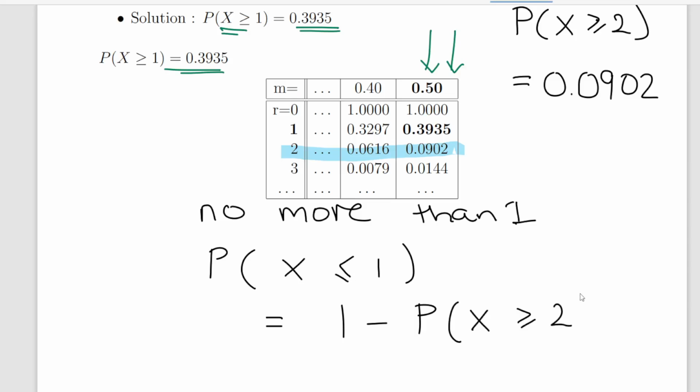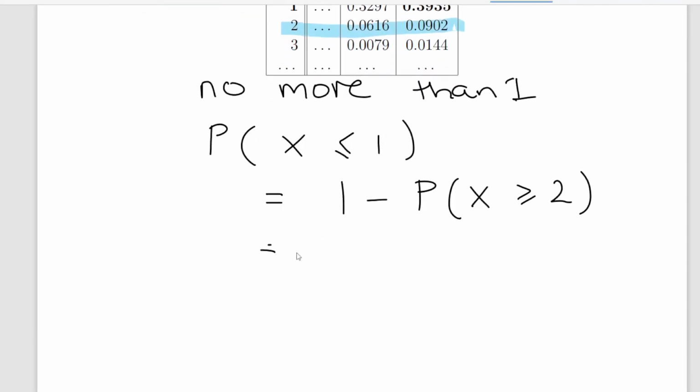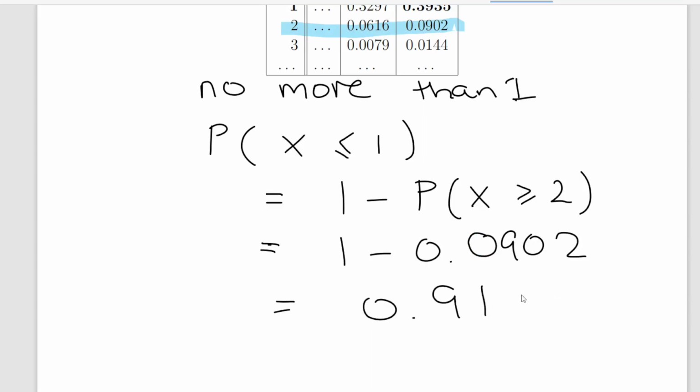That is the complement of the probability of x greater than or equal to 2, which we know, and that is 1 minus 0.0902, and that is 0.919098. Okay, so that's 3 questions for the price of 1.